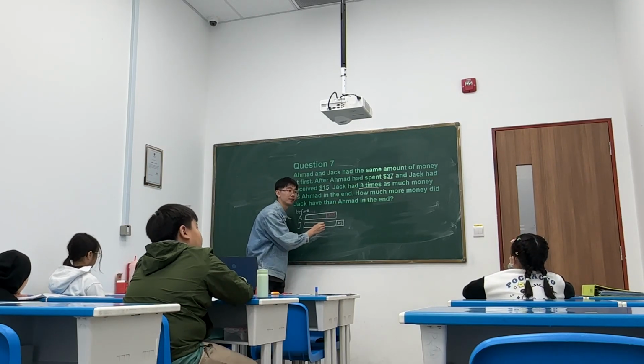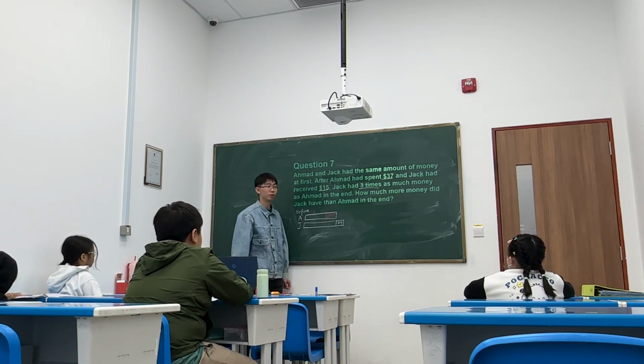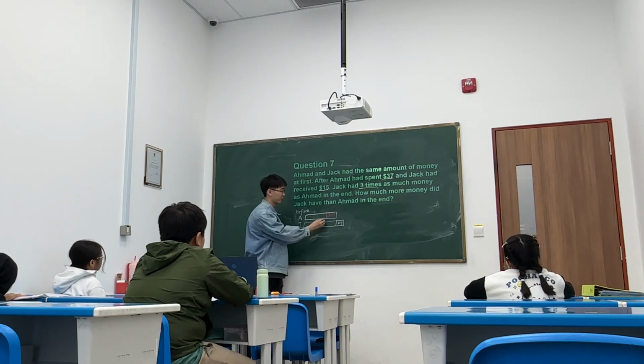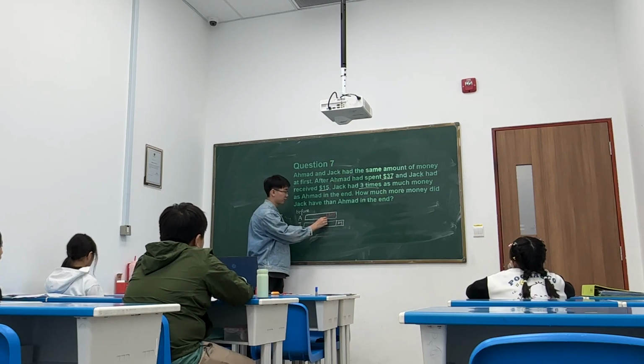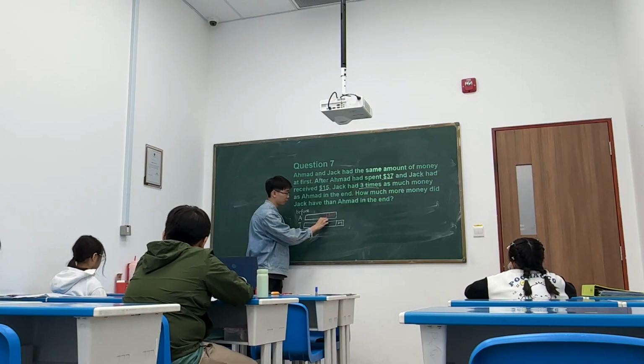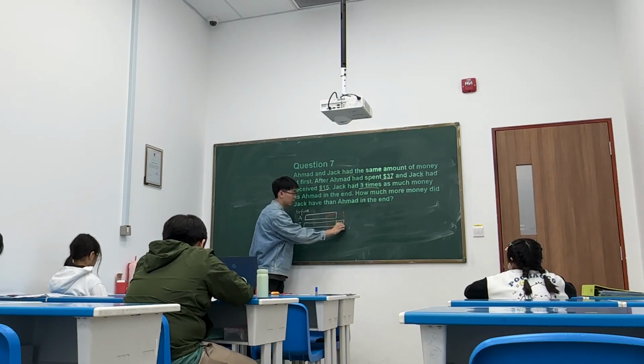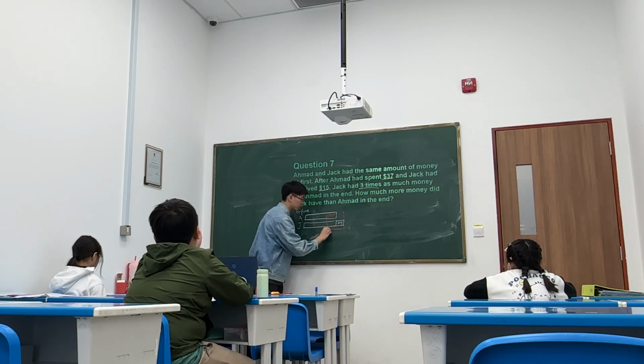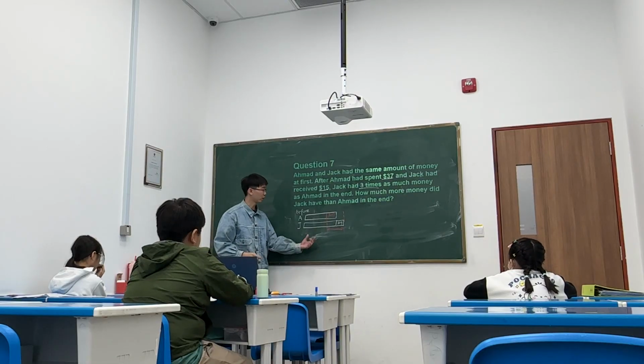Sorry? 22. How do you know it's 22? Now, how do we indicate the difference? You see, if we draw a line over here, and we draw a line over here, this is the new difference, right?